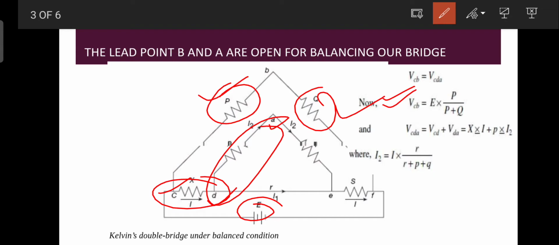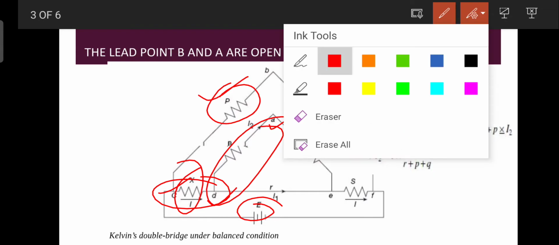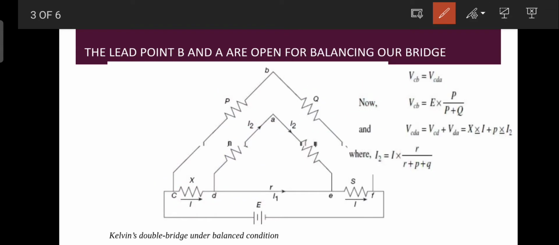So voltage across CD is equal to I into X, voltage across DA is equal to I2 into p. So here I2 is one current and I1 is the other current. So I2 plus I1 is equal to I current.